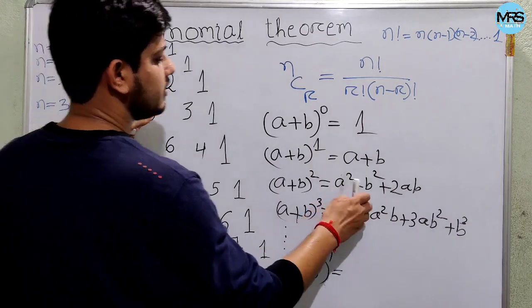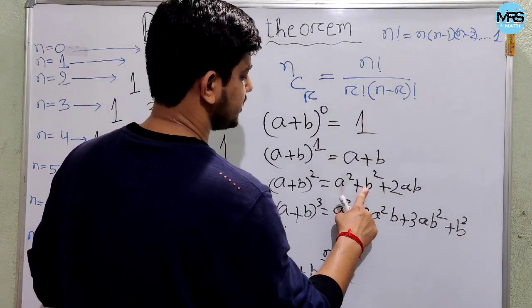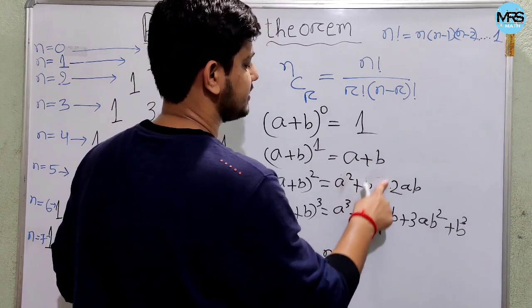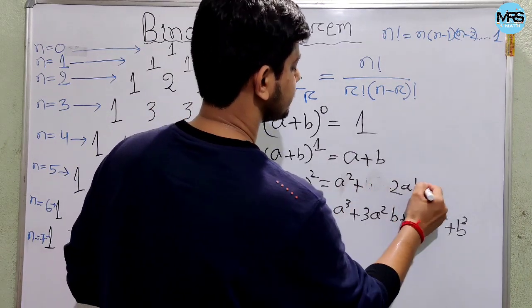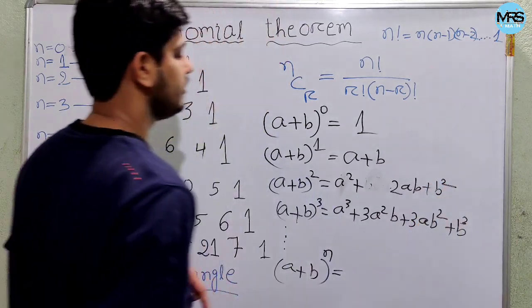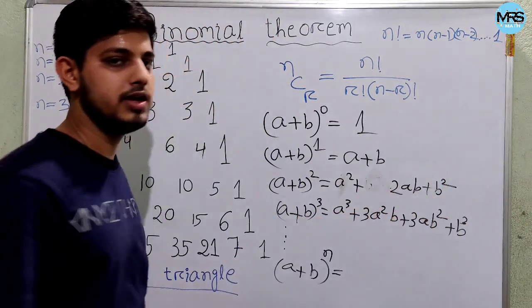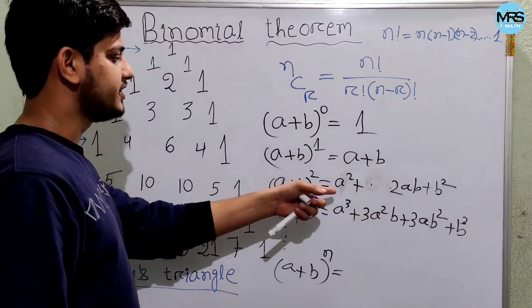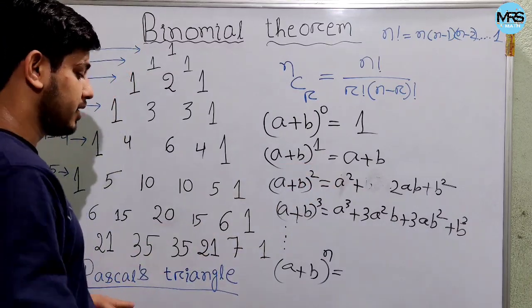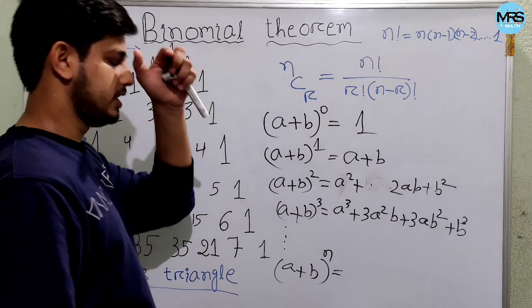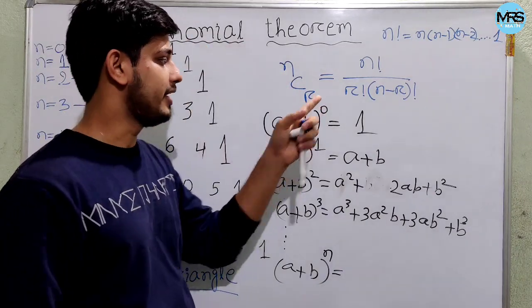1, right. Then you should write b square, we will take to the right hand side, okay. Then this 2 you are getting from here and 1 you are getting here, correct. So the coefficients we are calculating, we are getting from this Pascal triangle using this combination, okay.